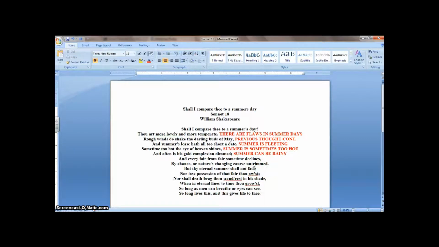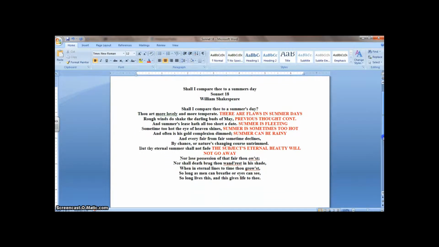Moving on then, "But thy eternal summer shall not fade." So in other words, go back up to red here. I'm going to write that the subject's eternal beauty will not go away. Isn't that darling? How honest a portrayal of love here.